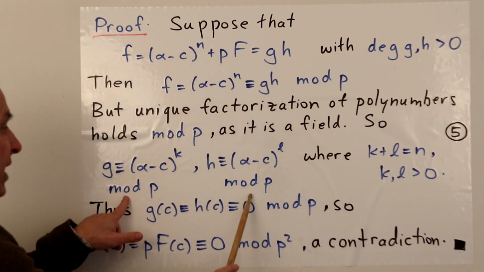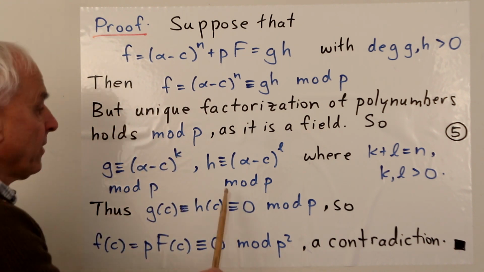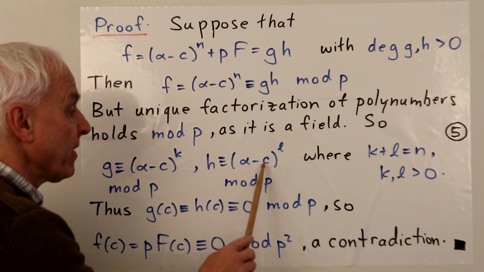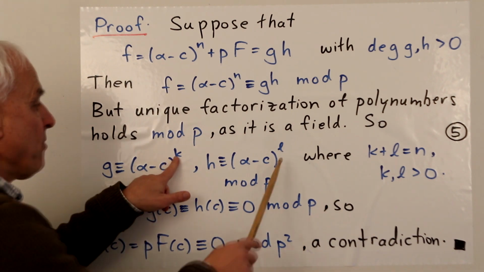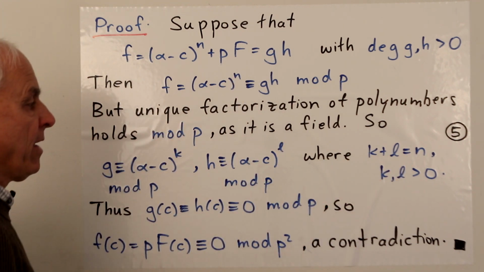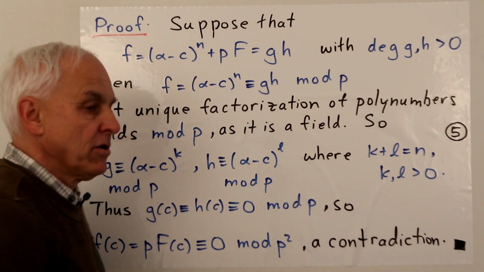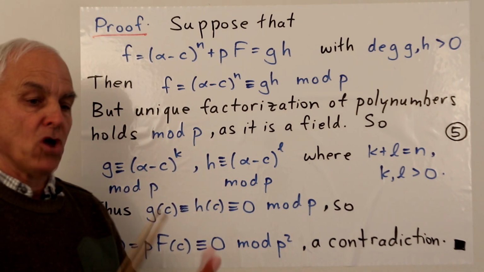So mod p, g should be alpha minus c to some power k, and h should also be some power of alpha minus c, say to the L. The sum k plus L should equal n, so that both sides agree, and k and L should be strictly positive because we're assuming that g and h are not constants.